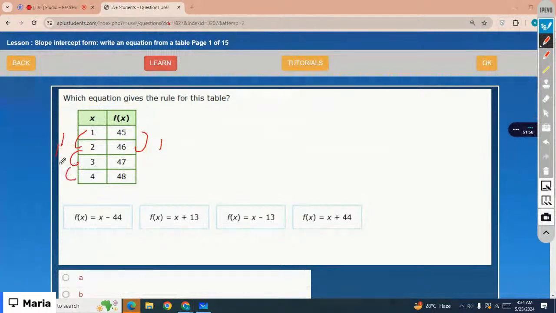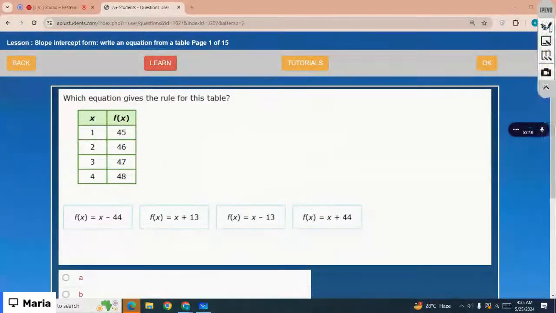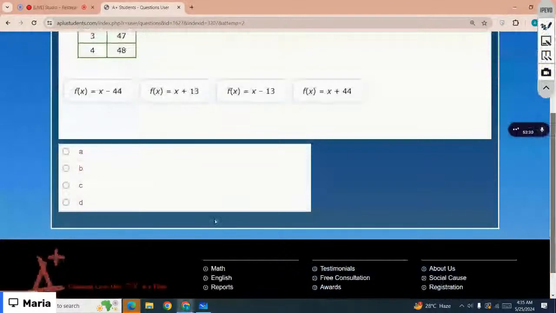So that means the slope is 1 and the y-intercept b is 44. So the correct option is f of x equals x plus 44, option number D.